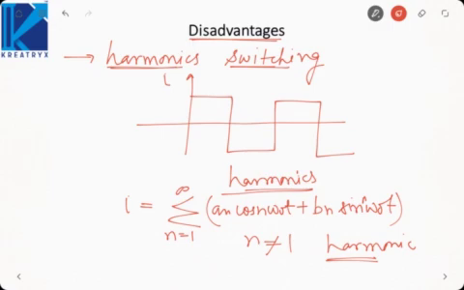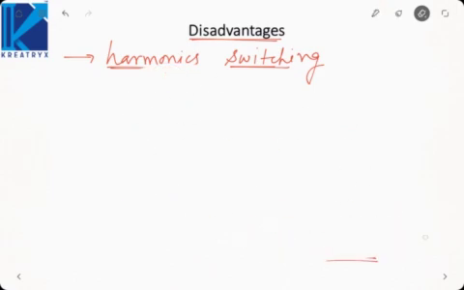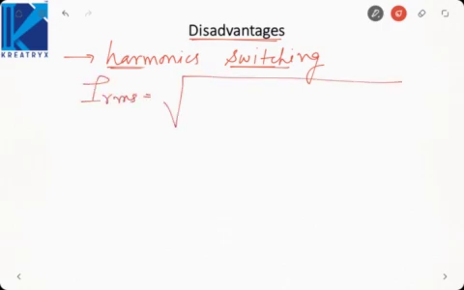But the question that arises in our mind is, now I know that there are harmonics, so why remove harmonics? What is the disadvantage of harmonics? Now, the RMS value of current with harmonics will be the square root of I0 square plus half I1 square plus I2 square, and so on up to infinity.